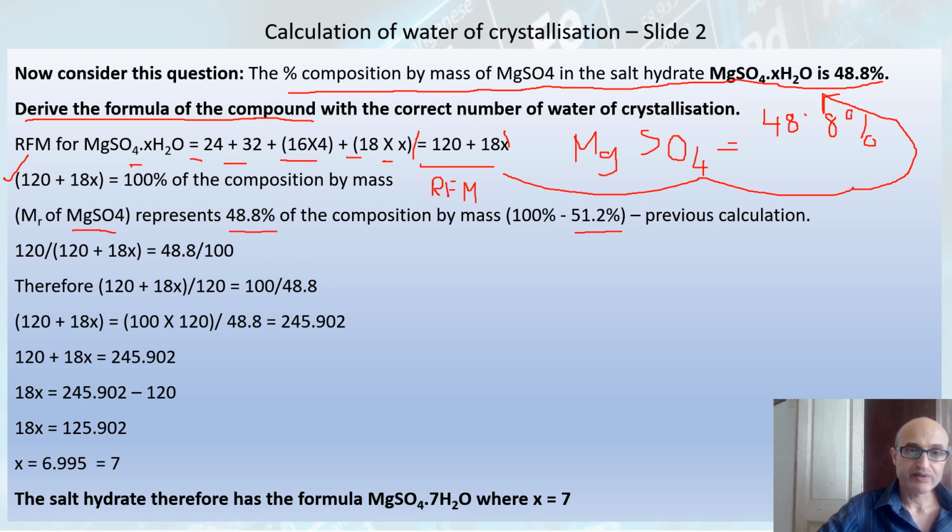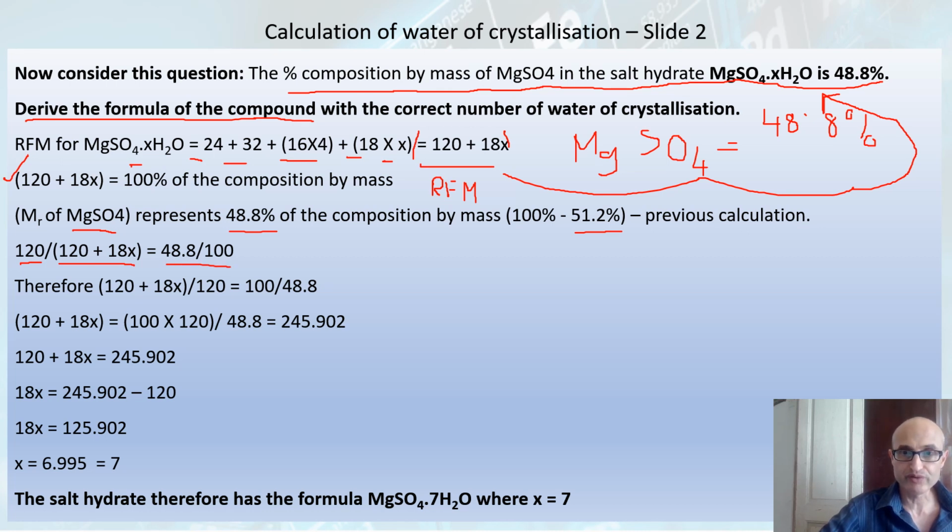If I have 120, which represents the relative formula mass of MgSO4, all over 120 plus 18x, so if I express the relative formula mass of magnesium sulfate as a fraction by dividing it by the full relative formula mass, we get 48.8%.